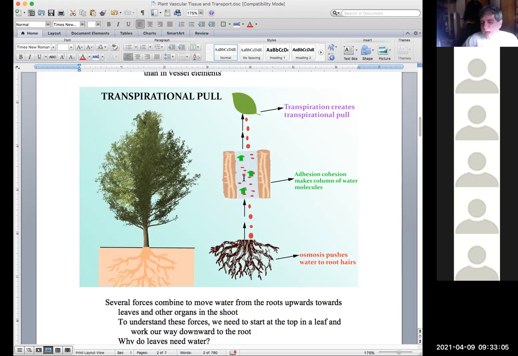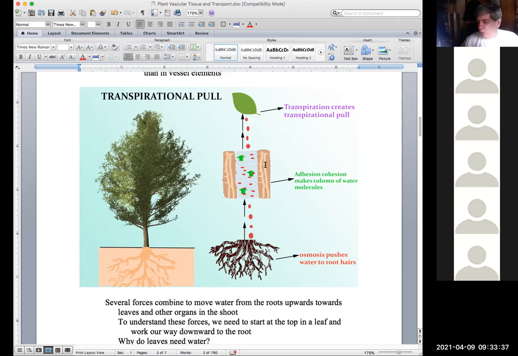Adhesion refers to the water molecules can also form hydrogen bonds with some of the molecules in the cell walls of the tracheids or the cell walls of the vessel elements. So these hydrogen bonds, since some of them attach the water to the cell walls of the xylem cells, keep the water from slipping back downward.